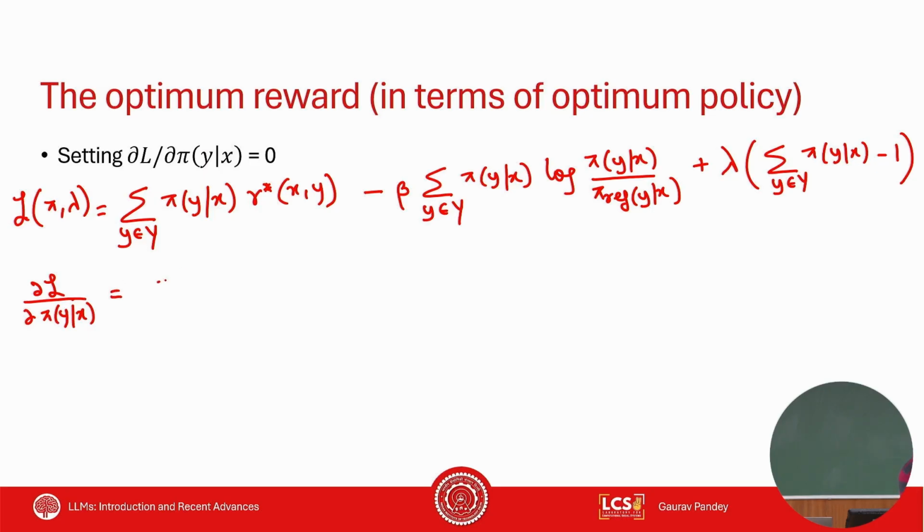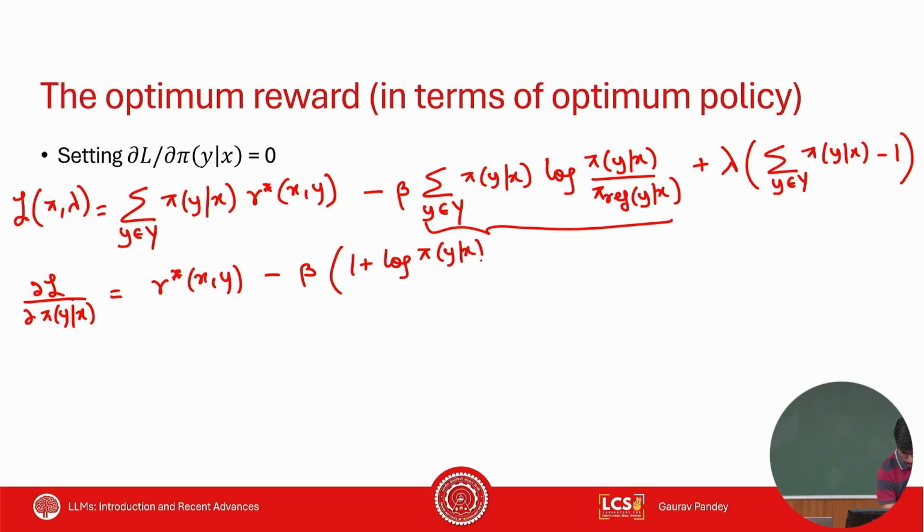This will give you r star of x comma y minus beta times the derivative of this quantity for a particular y. I'm writing it here, but you can derive it yourselves. It will involve pi of y given x over pi ref of y given x, and the last term will be simply lambda, and we are equating this to 0.